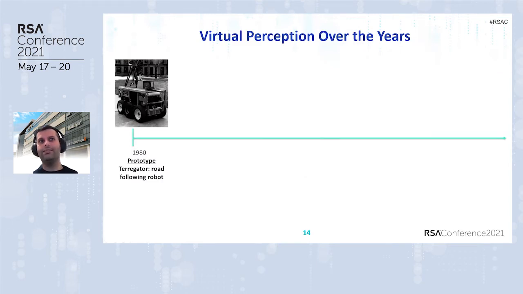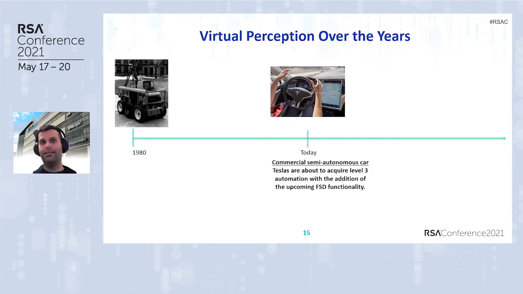Now, the research around virtual perception started about 40 years ago. On the left side of the timeline, you can see a prototype, the Terregator, a road-following robot that was developed at CMU. 40 years later, today, we're in the era of commercial semi-autonomous cars.